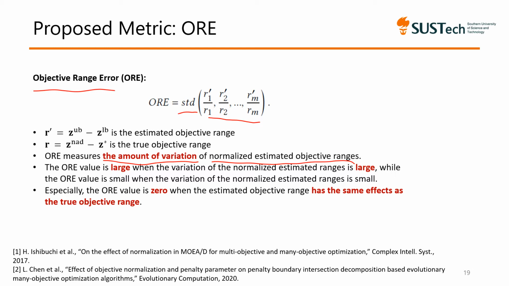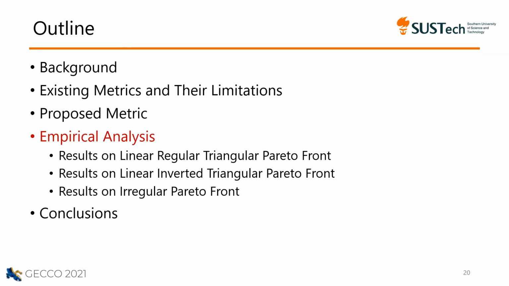The ORE value is large when the variation is large, while the ORE value is small when the variation is small. Especially, the ORE value is 0 when the estimated objective range has the same effects as the true objective range. To demonstrate the superiority of the proposed metric, we do some empirical analysis.